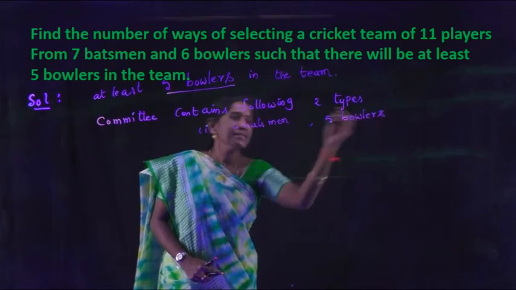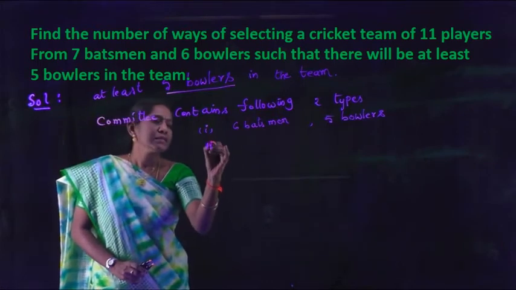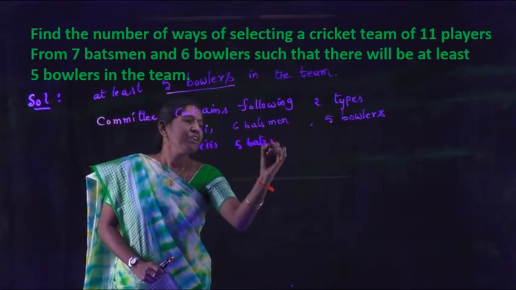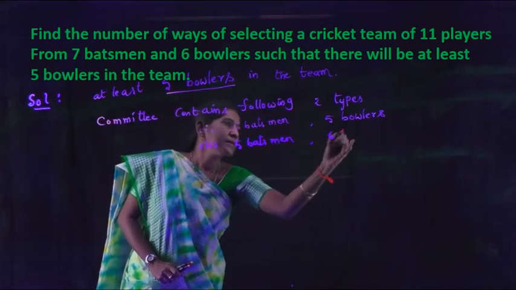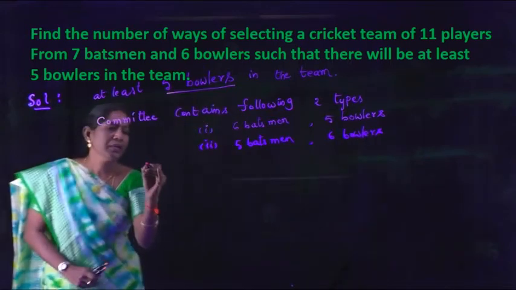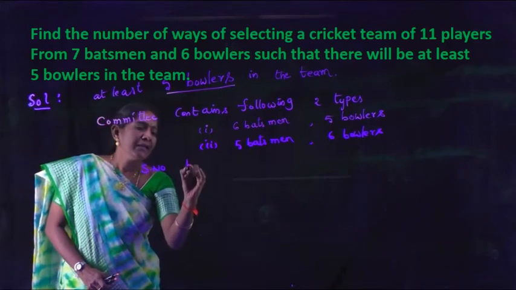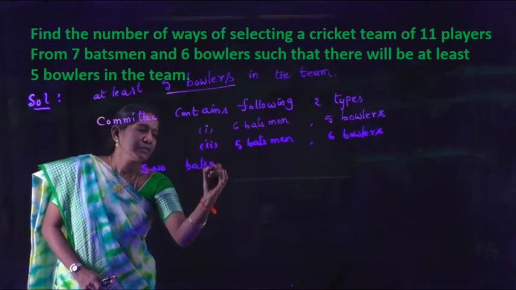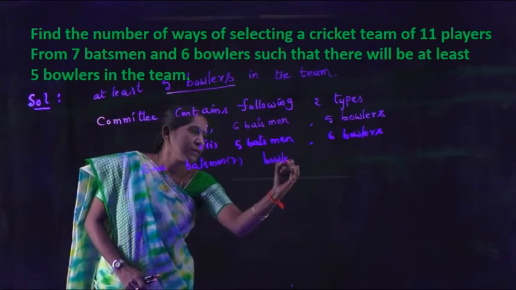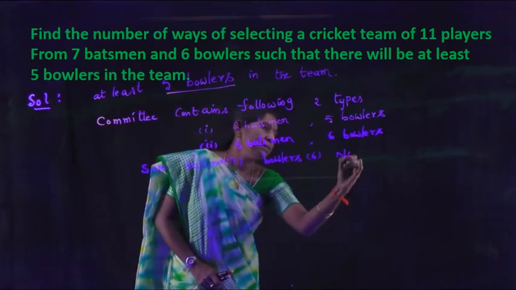The team contains 6 batsmen and 5 bowlers. The second one is the team contains 5 batsmen and 6 bowlers. So, serial number, batsmen 7, bowlers 6, and number of ways.